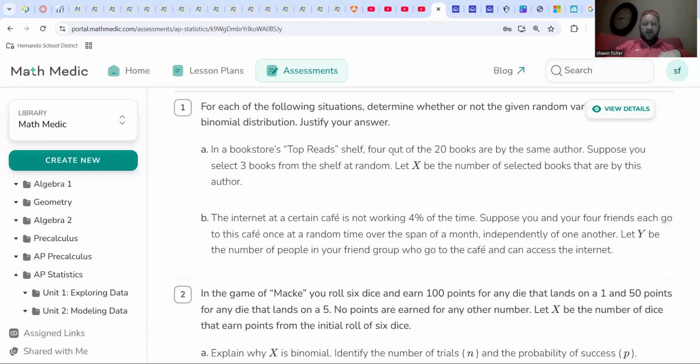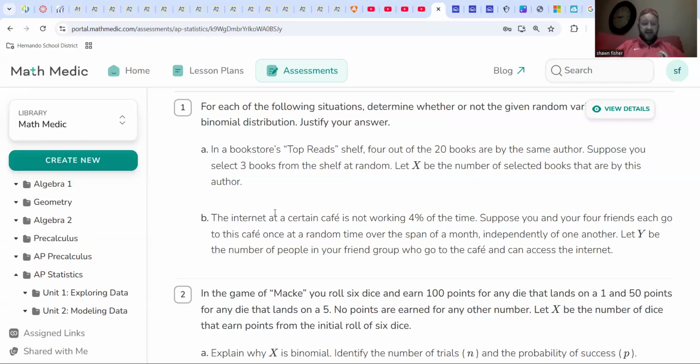Remember that we use the acrostic BINS to help us decide if something has a binomial distribution, as opposed to the other ones that we've been studying, uniform distribution and normal distribution. Is this a binomial distribution?